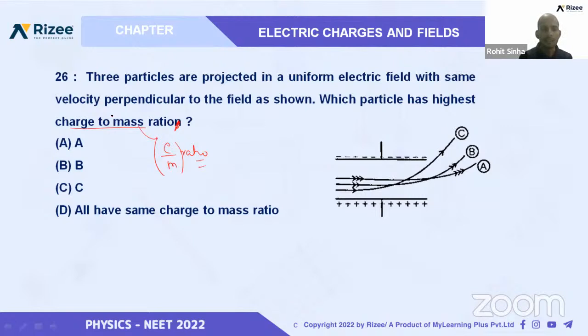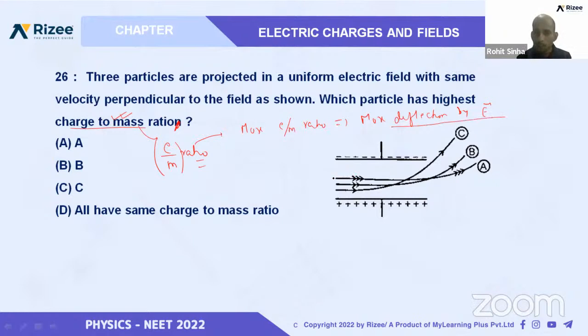Remember one thing, the particle which has more E by M ratio will have more deflection, that is, it will deflect more by the effect of the electric field.